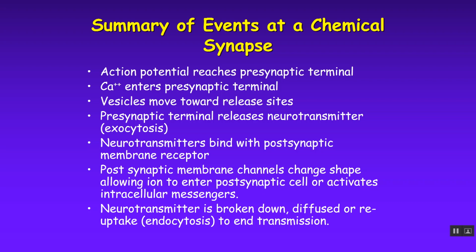The postsynaptic membrane channels then change shape, allowing ions to enter the postsynaptic cell. That's one thing that can happen: directly opening some ligand-gated ion channels. As a big class, the receptors a neurotransmitter binds to are called ligand-gated. These channels open, and depending on the neurotransmitter, they can cause depolarization, or they can cause hyperpolarization and make the cell more negative.